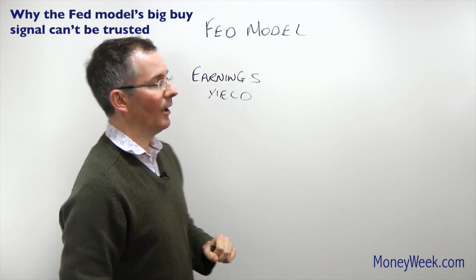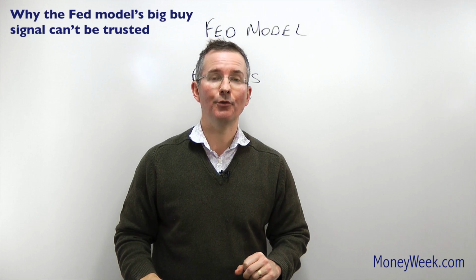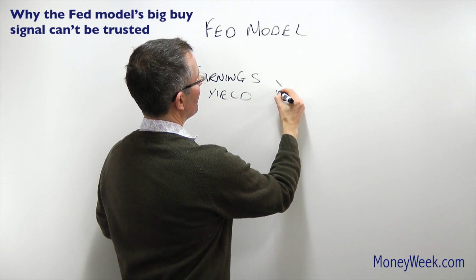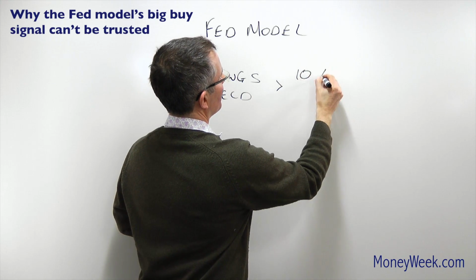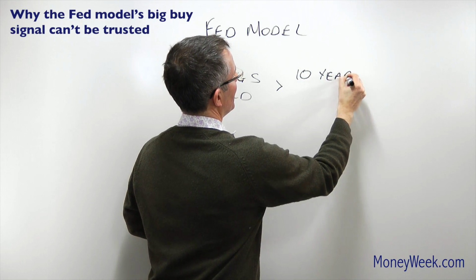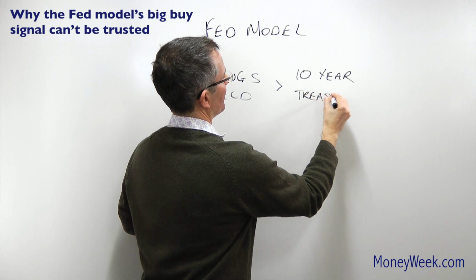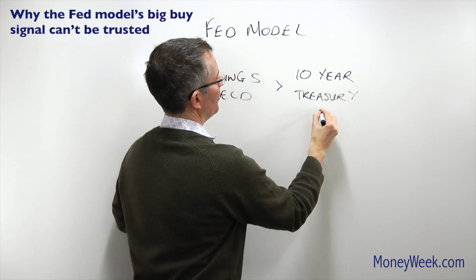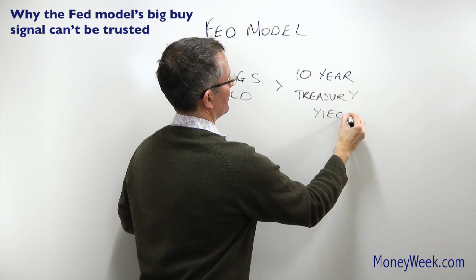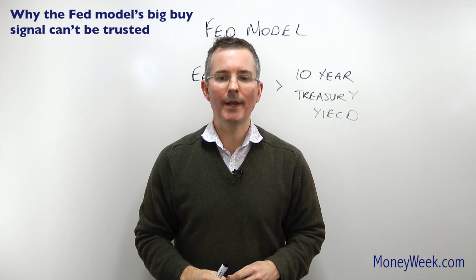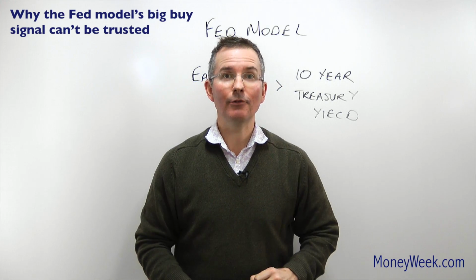If the earnings yield on S&P 500 stocks is significantly greater than the 10-year Treasury, that's government IOU, yield, potentially you have a situation where you should be buying stocks.